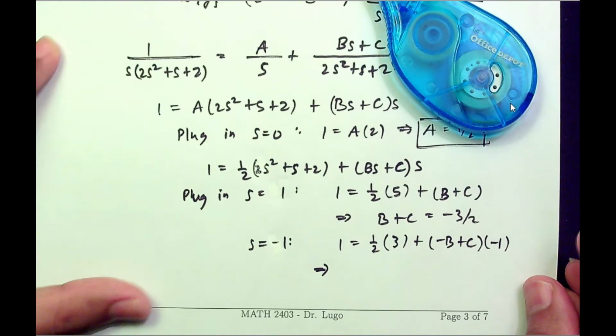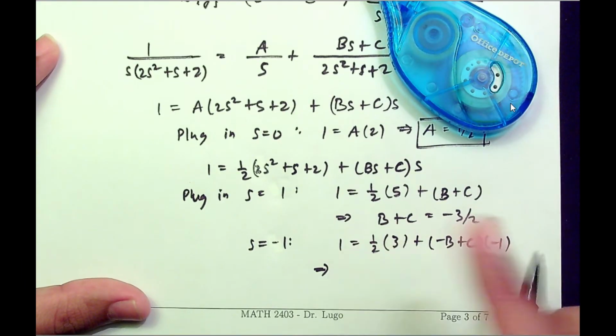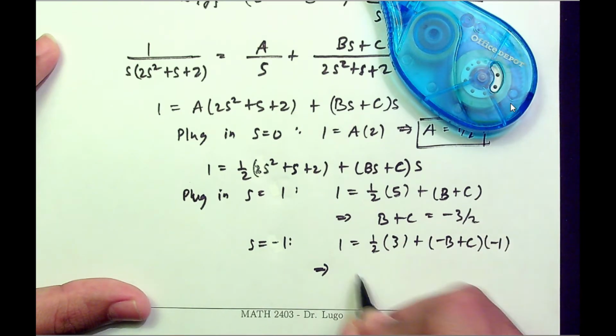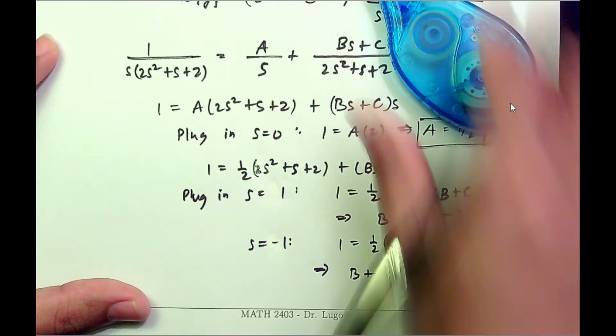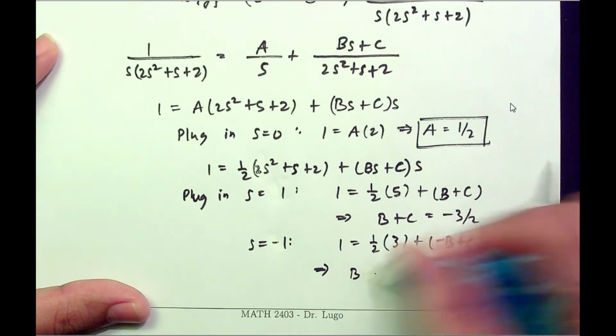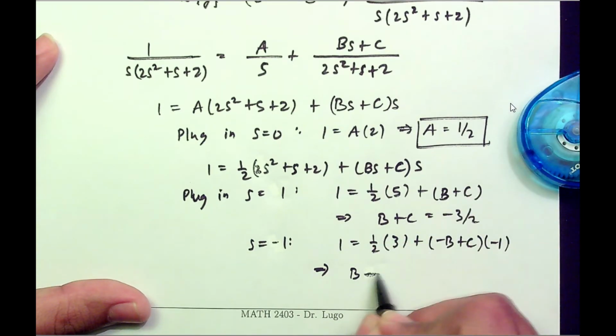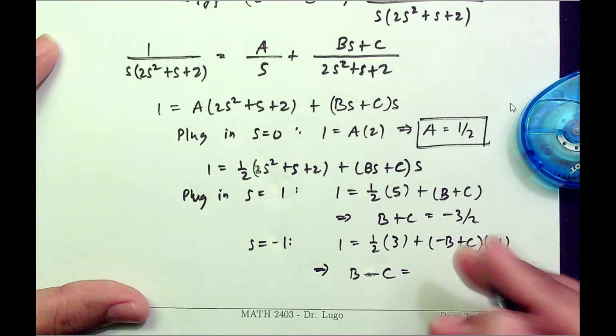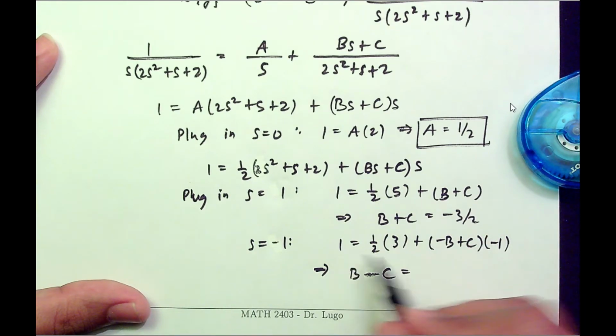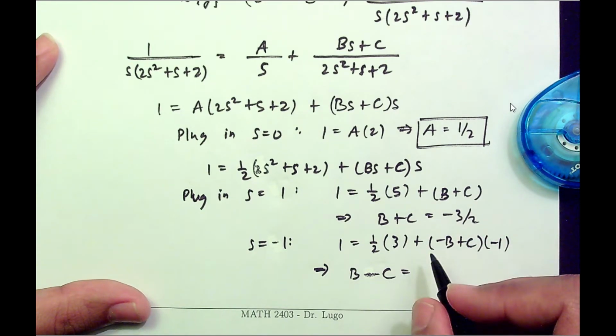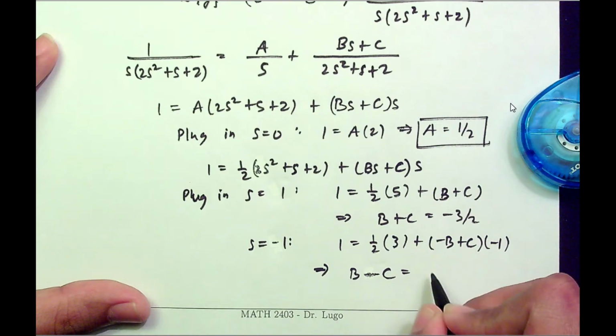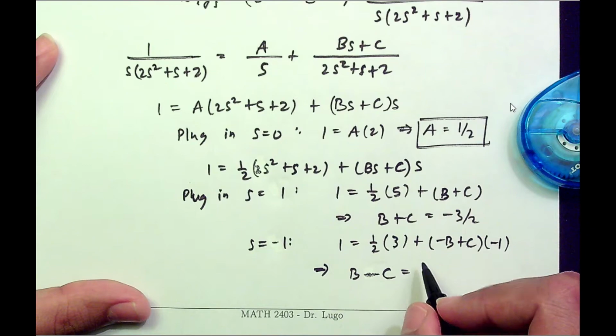Moving the 3 halves over there and distributing this, you're going to get b minus c equals 1 minus 3 halves. 1 minus 3 halves is -1/2.